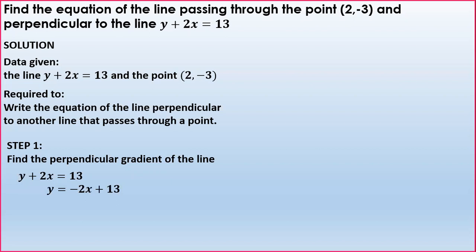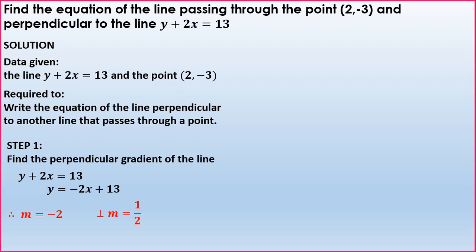Now it is in the form y is equal to negative 2x plus c. We can find our gradient. Our gradient here is negative 2. We know to find the perpendicular gradient, we can invert our gradient and change its sign. Our perpendicular gradient is 1/2.